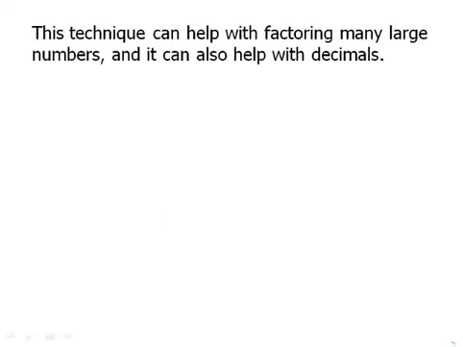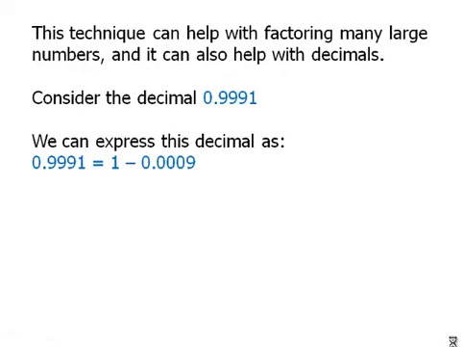This technique can also help with factoring many large numbers, and it can help with decimals. Decimals. Let's think about this. Consider this decimal. Suppose for some reason we needed to find two numbers that we could multiply together to get that decimal. Well, doesn't sound like a very fun thing to do, but notice 0.9991 is 1 minus 0.0009.